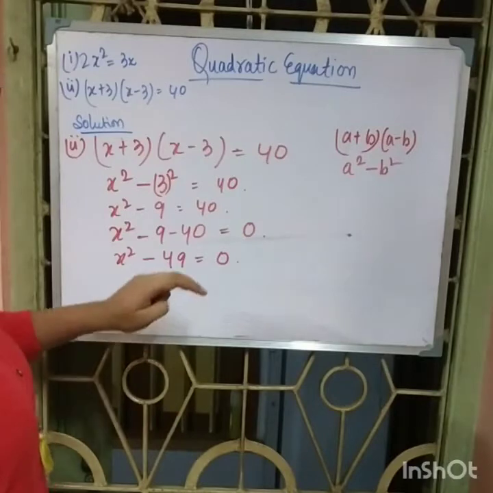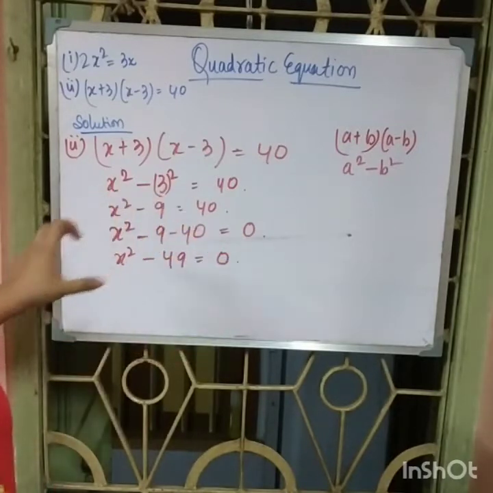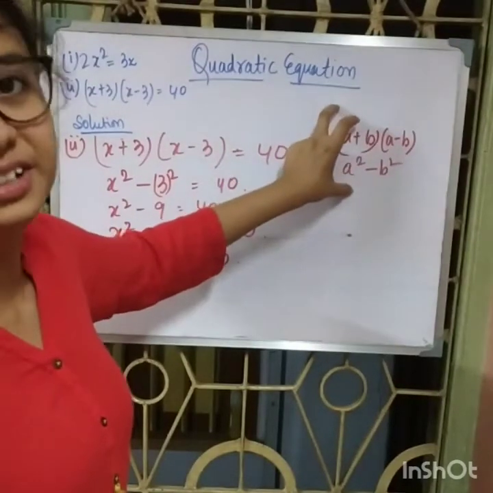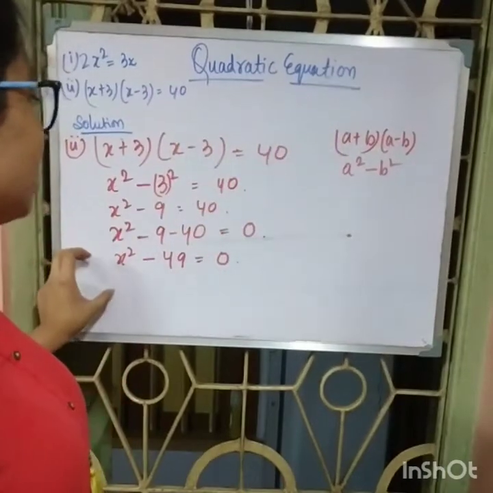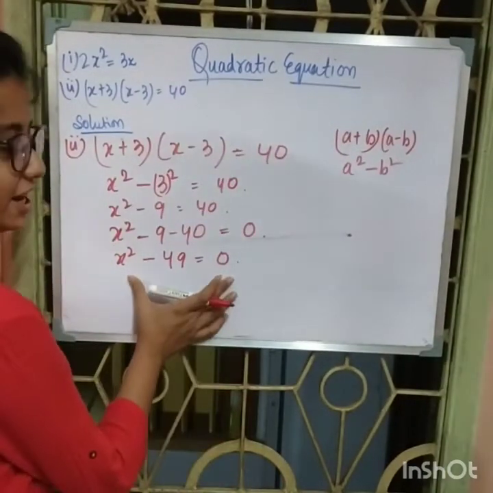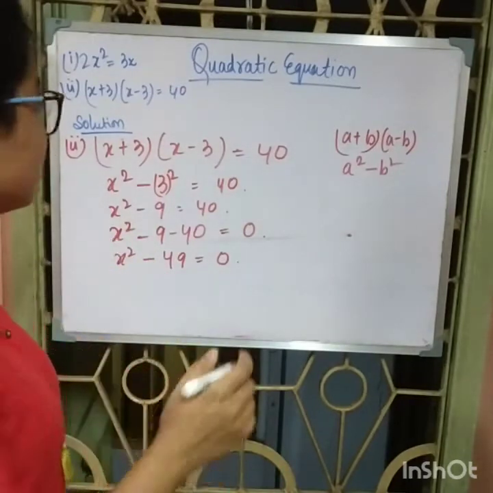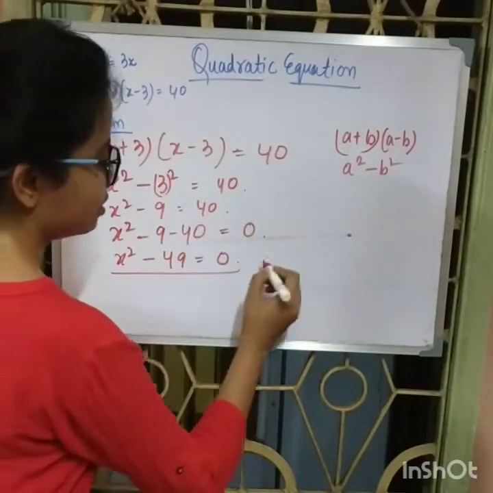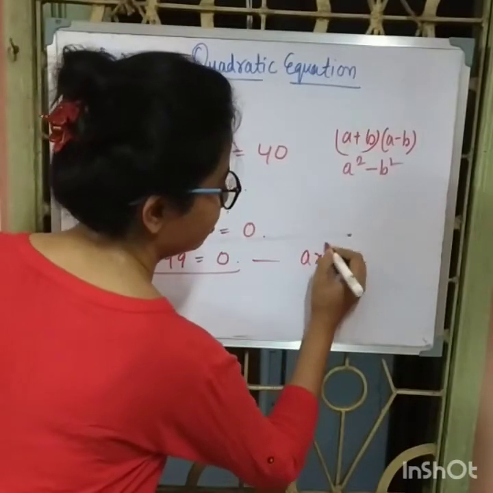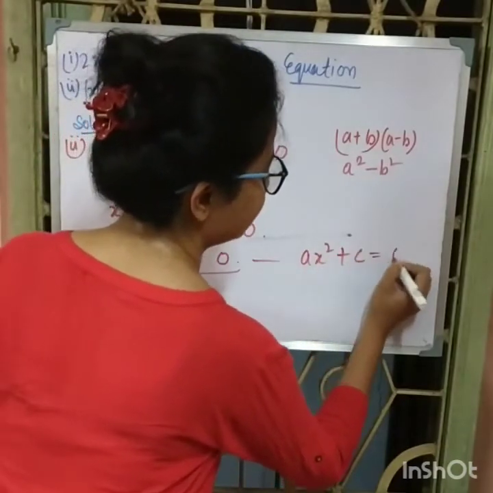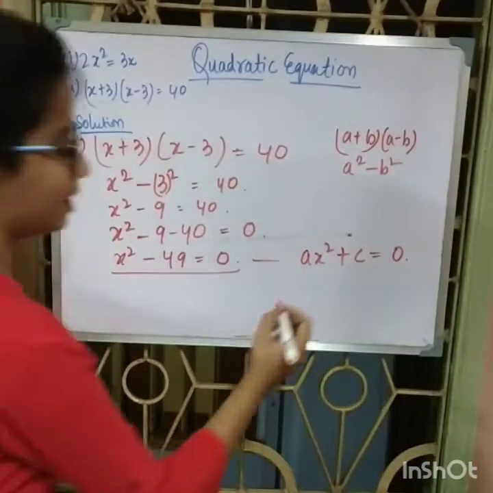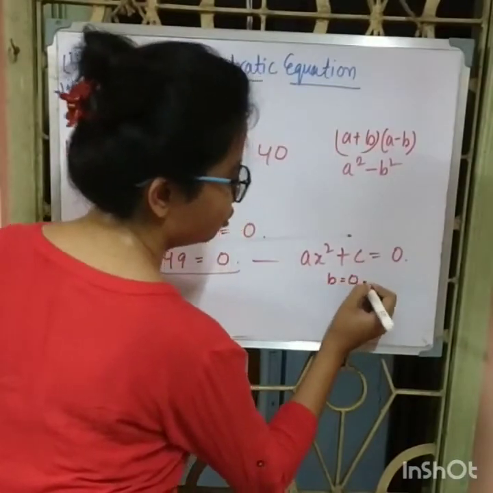See here, we can get an idea of what we did here, right? It's the same thing. See here there is no x part. This is the general form of the equation where c is equal to 0, where b is equal to 0.